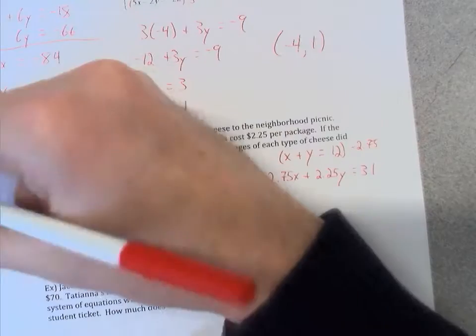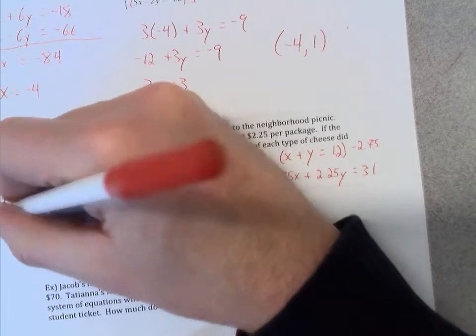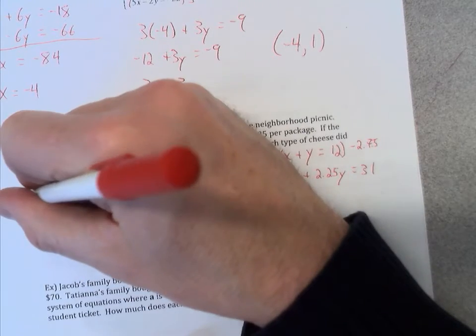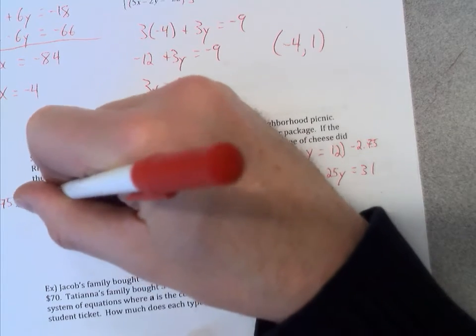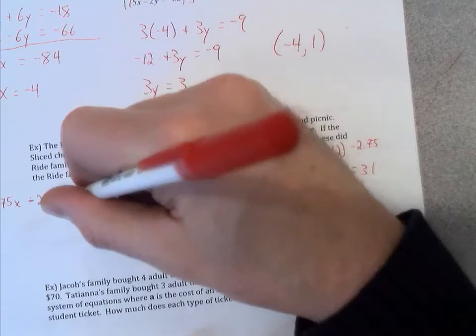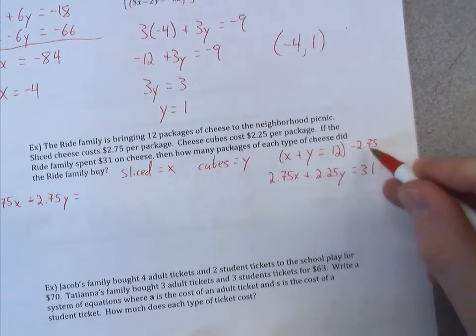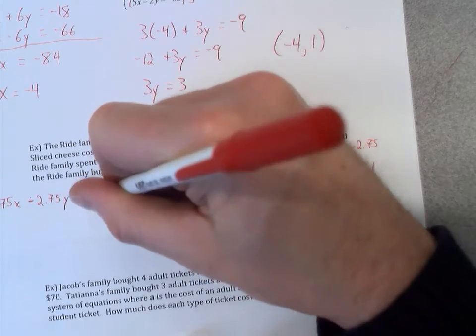So now if I do that, I'm going to have negative 2.75x minus 2.75y, and that will equal negative 2.75 times 12, which is negative 33.